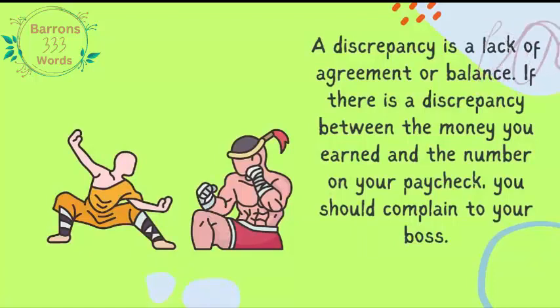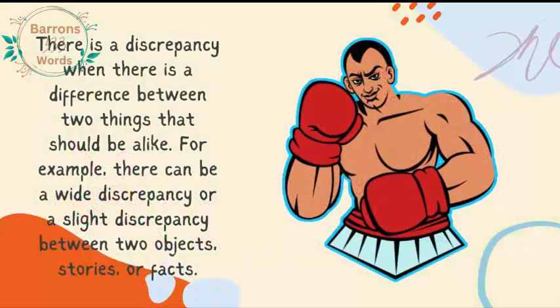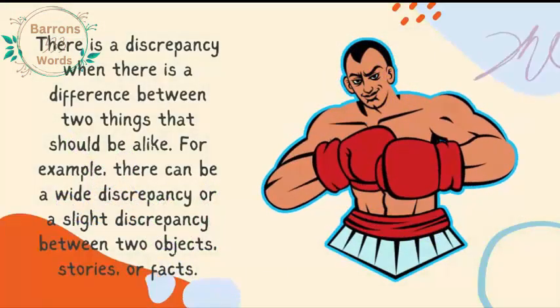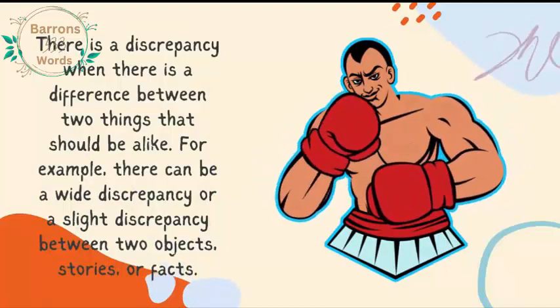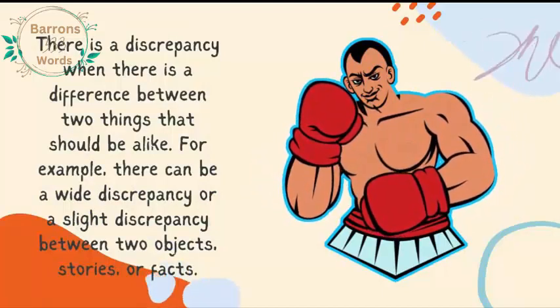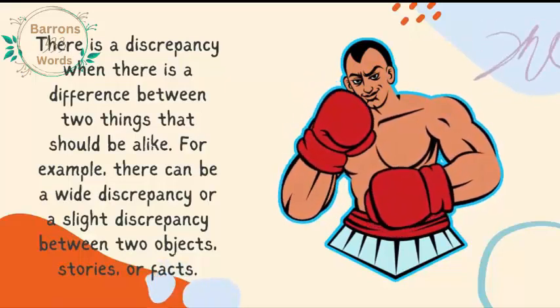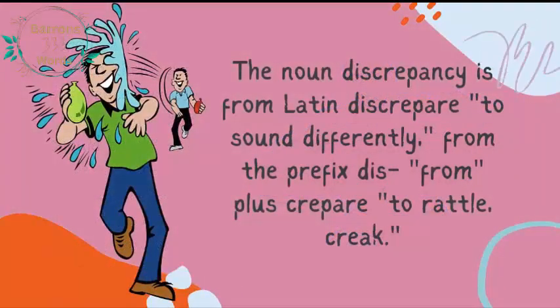If there is a discrepancy between the money you earned and the number on your paycheck, you should complain to your boss. There is a discrepancy when there is a difference between two things that should be alike. For example, there can be a wide discrepancy or a slight discrepancy between two objects, stories, or facts. The noun discrepancy is from Latin discrepare, to sound differently, from the prefix dis, from, plus crepare, to rattle, creak.